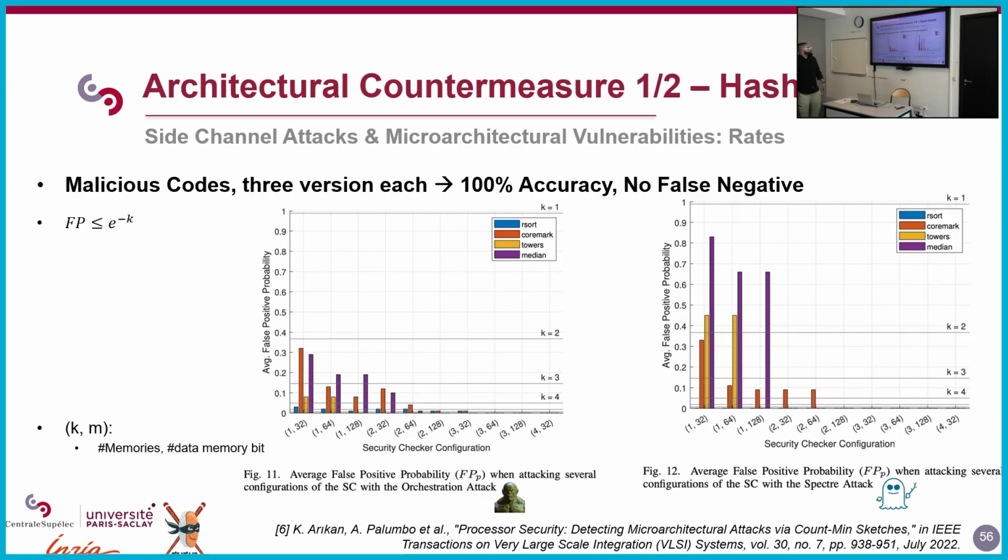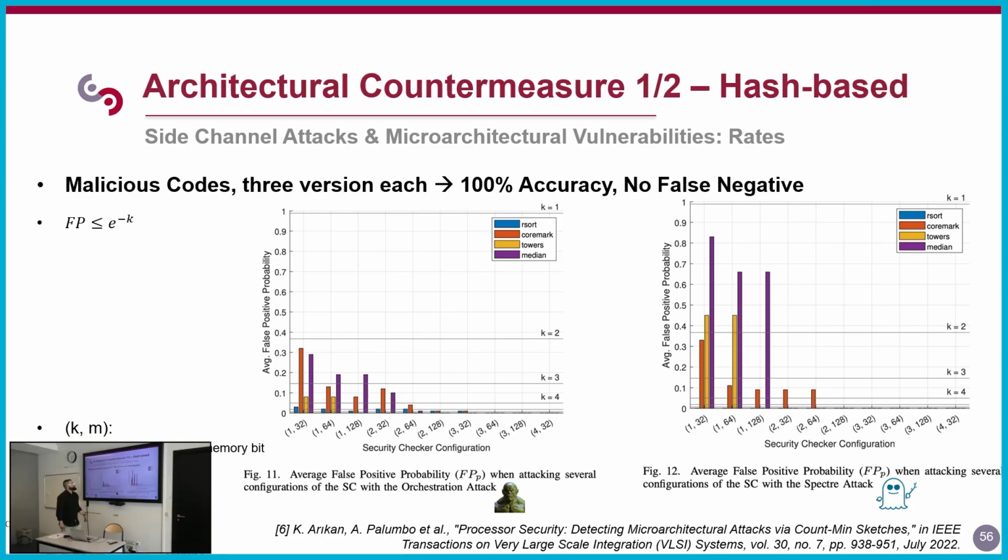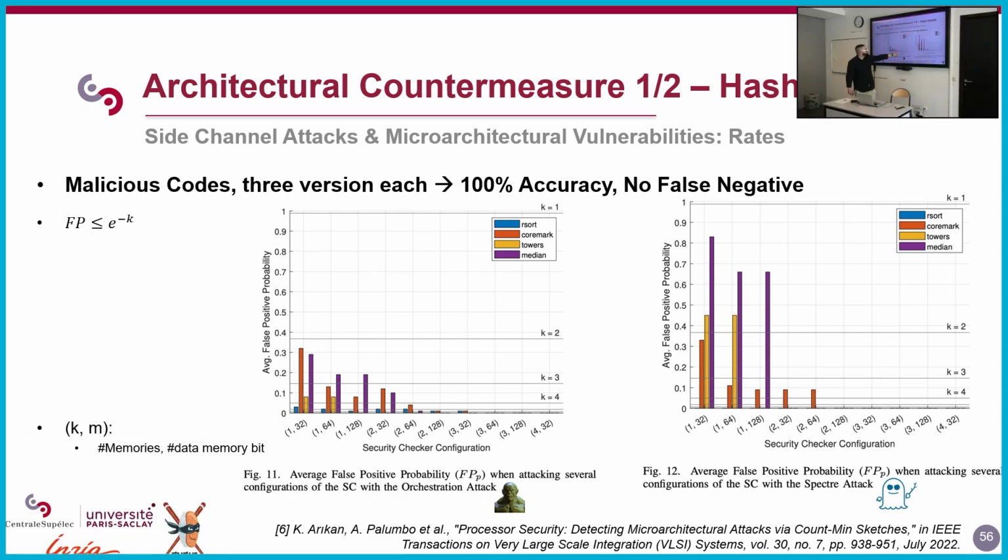We got a bunch of false positives, so false alarms, and those were on the safe programs. But in this situation, the best, we can say, having three different memories, 64 bits each, we actually reach 0% false positives.